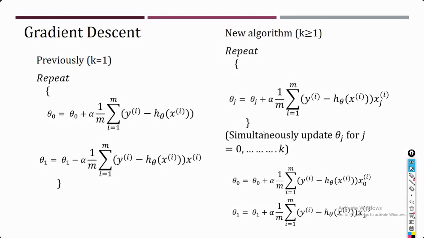Now the same concept can also be used for multiple linear regression, but in this case, instead of having theta naught and theta 1, we will have theta k. From 0 to k, this many thetas I need to update. This is the previous one that we saw in the last class, and this will be plus. Let me correct it.